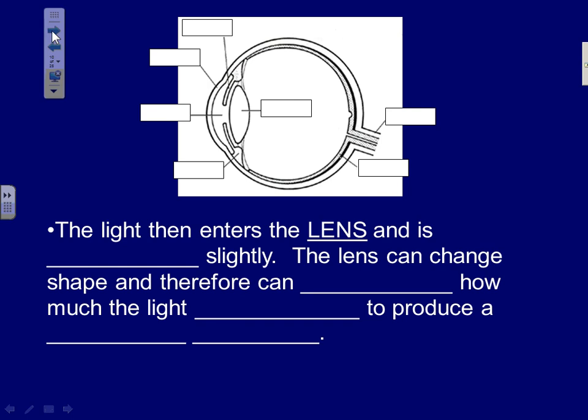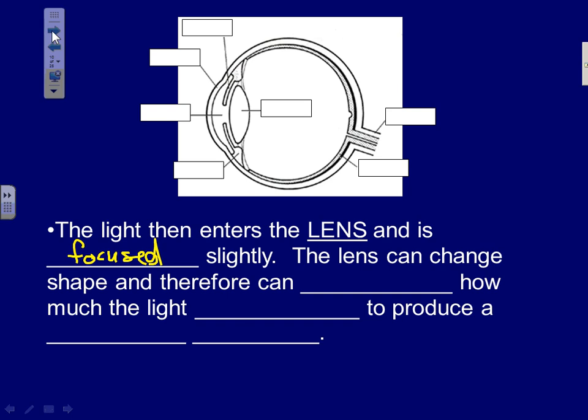What do you think? Nope. What do lenses do? Refracted? That's awesome. That would be a true statement, but let's just say focused. But refracted is correct. Every time it bends, it refracts.